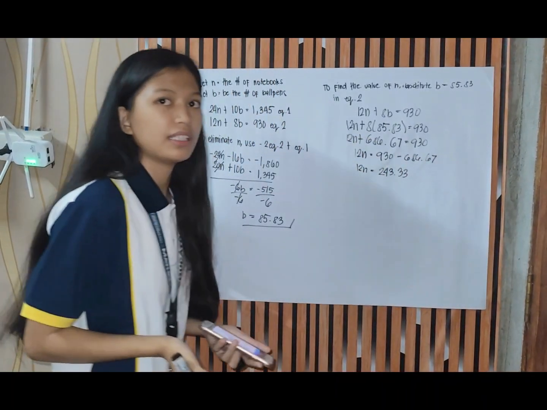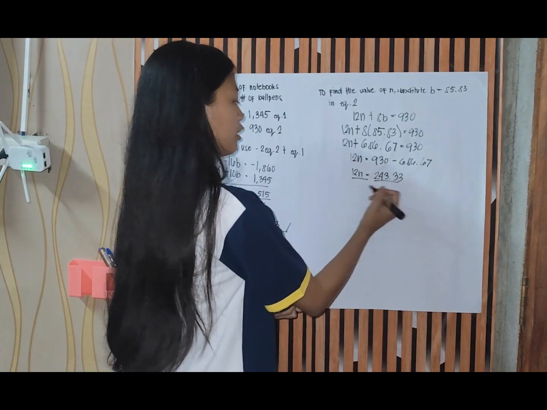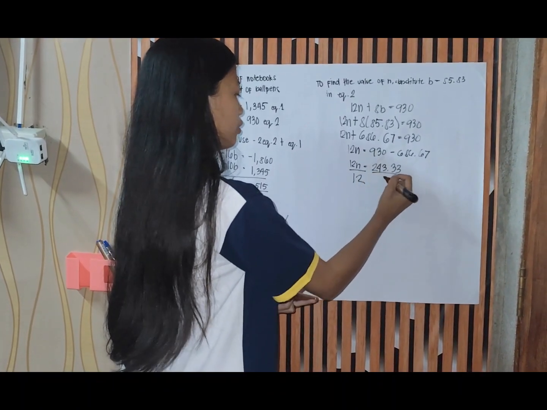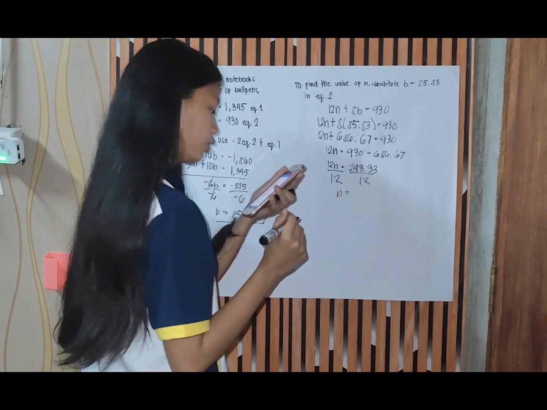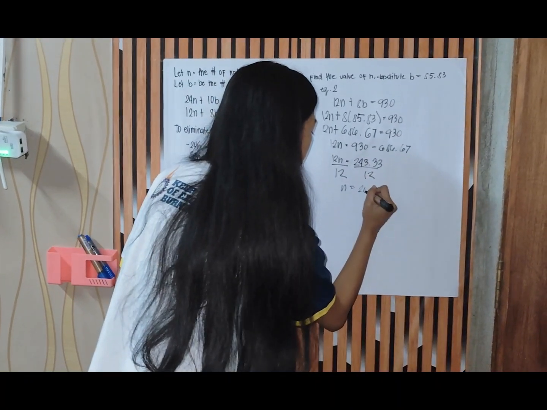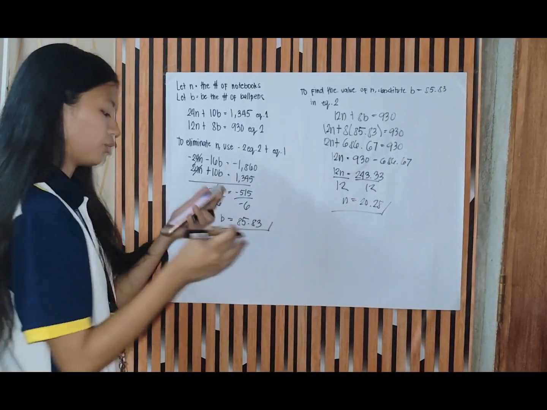Again, to isolate the variable n, we will divide both sides by 12. So n is equal to 20.28. So this is the value of n.